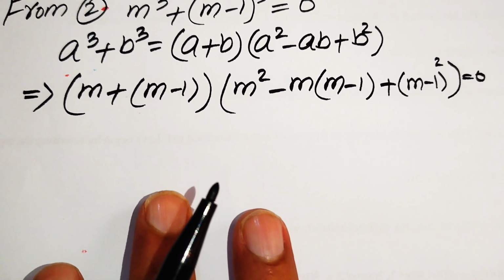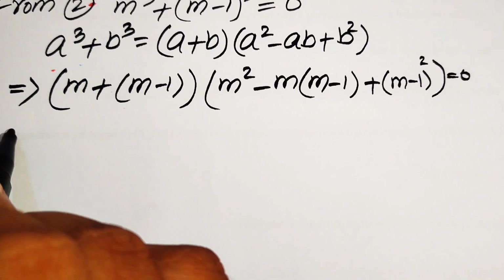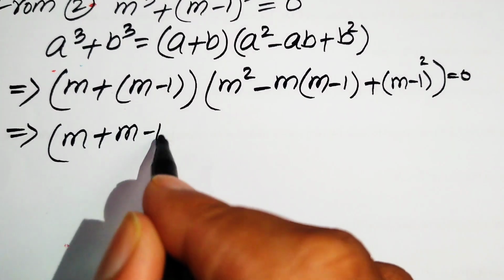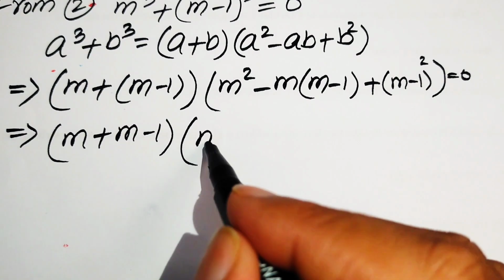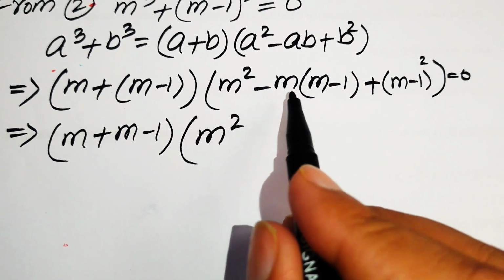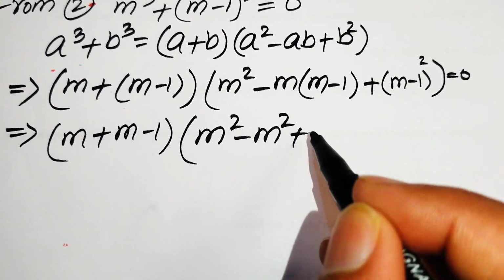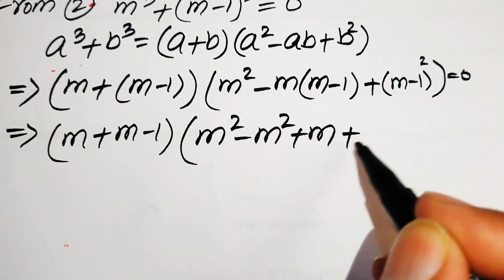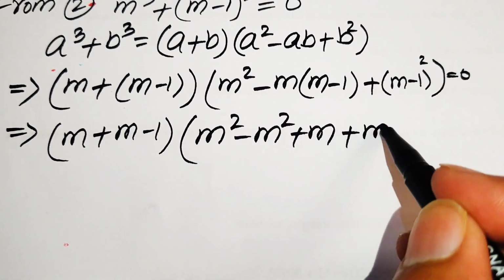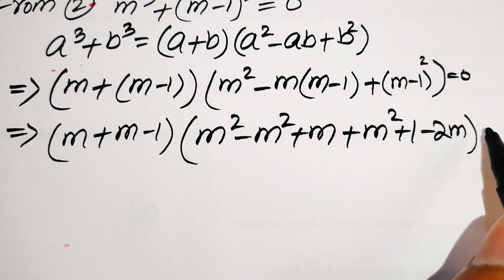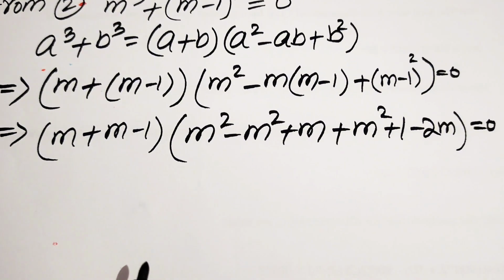So here we need some simplification. So we have m plus m minus 1, times this is m square, and we multiply this m on both of these terms. It will be written as minus m square and plus m. So here we open the square of this term, and it will be written as m square plus 1 minus 2m equals 0.